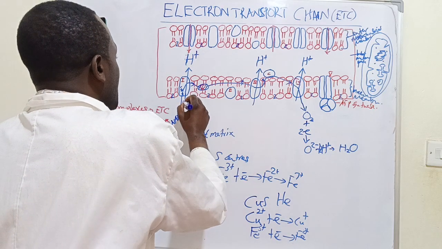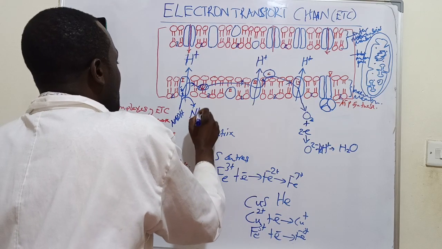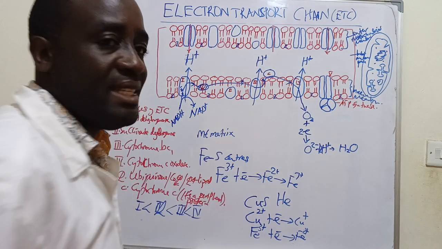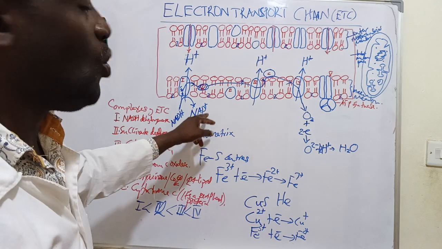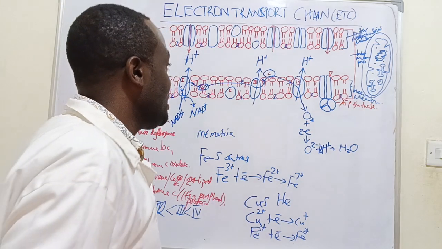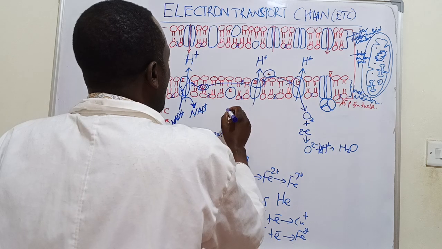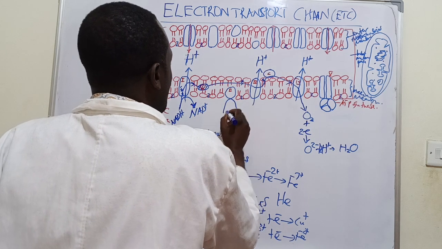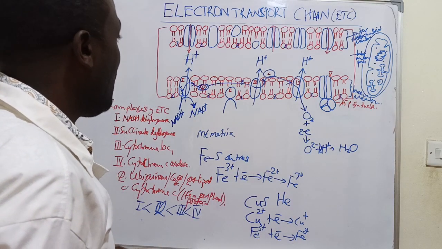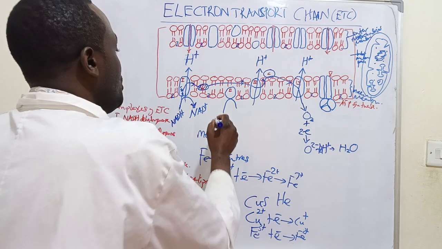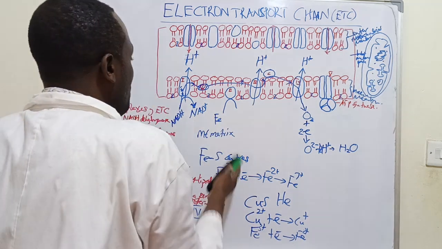This reduced NAD, on losing electrons, was oxidized to oxidized NAD, in other words from reduced nicotinamide adenine dinucleotide to oxidized nicotinamide adenine dinucleotide. Now look, complex 2 is called succinate dehydrogenase.